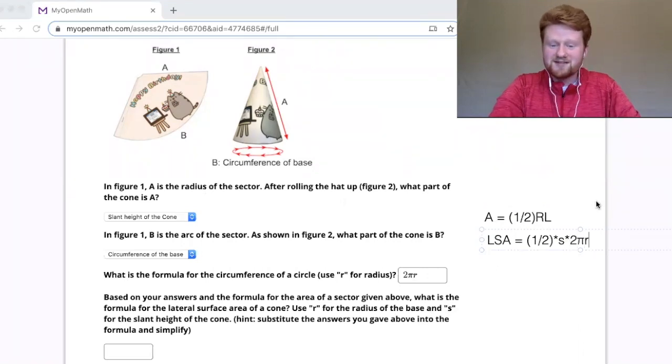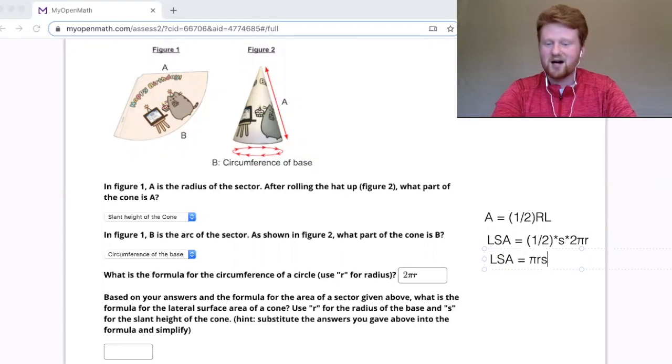But now there's one last step, as I mentioned in this little parenthesis here. It says to substitute the answers in, which we did, and then simplify. You'll notice 1/2 times 2 is just 1, and anything times 1 is itself. So we can actually remove that 1/2 and that 2 and simplify this formula a little bit. So all that's left is S, pi, and R. And we're going to rearrange that to pi rs because you'll generally see it in that order.